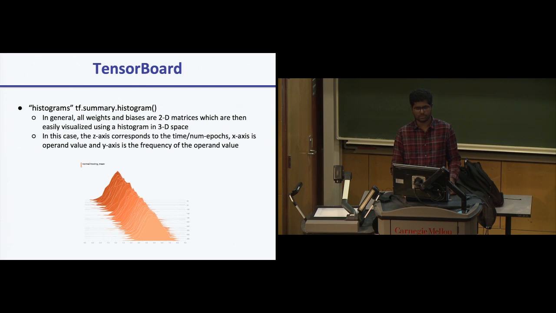So what you would do is, on the z-axis would be your time or the number of epochs. Your x-axis is the value of the operand. In your weight matrices, you will have different weights initialized. Let's say you put them into bins, maybe the values that fall between minus 0.01 and plus 0.01, 0.01 to 0.03, and so on. And then you plot how many such values exist in that particular bin.